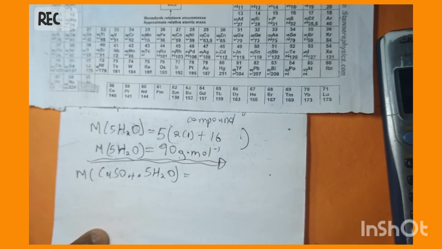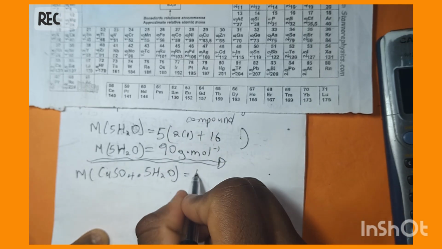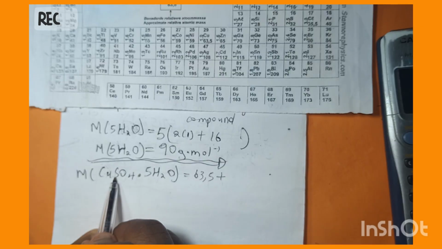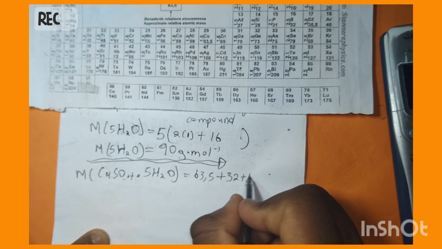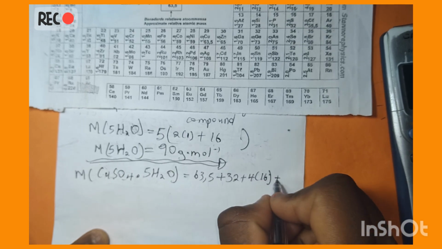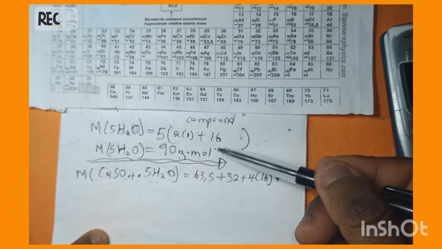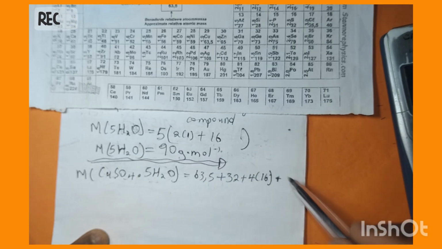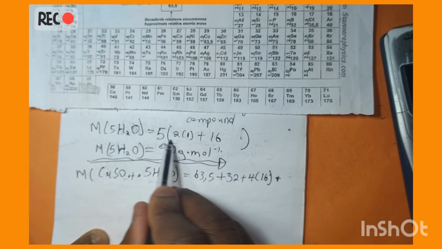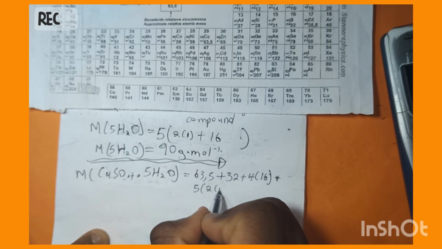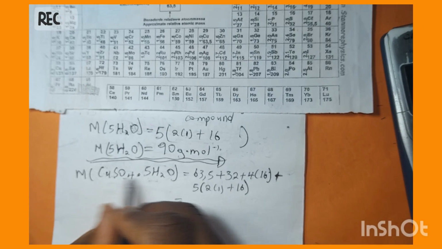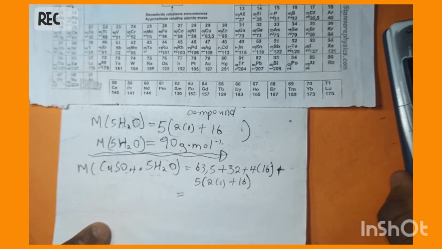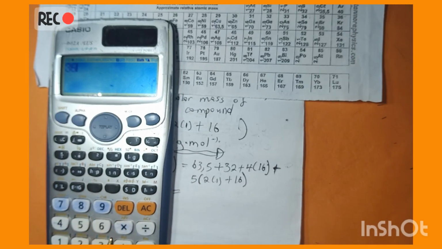Copper is 63.5, plus sulfur, which is 32, plus oxygen, where we have 4 of oxygen, which is 16 each, plus all the mass of the water that I already calculated, which is 90. I can write that 90, or I can even write it as 5 times (2 times 1 plus 16). So it means the molar mass of this compound, I'll press it on a calculator like this.